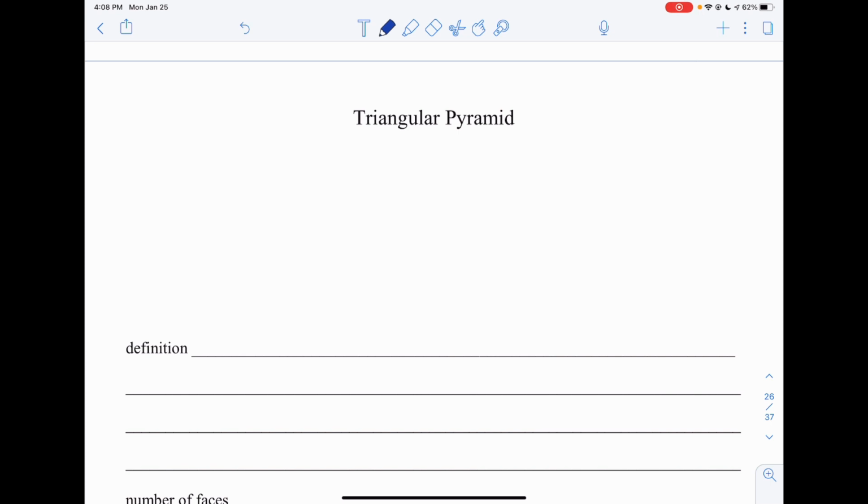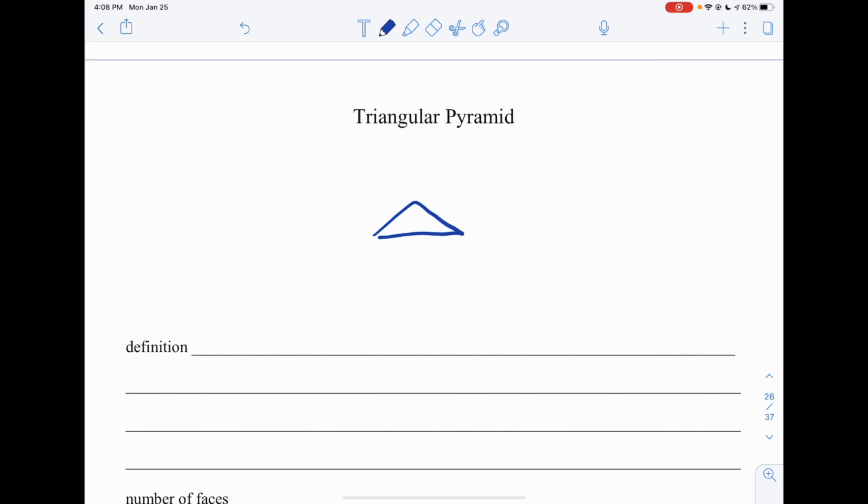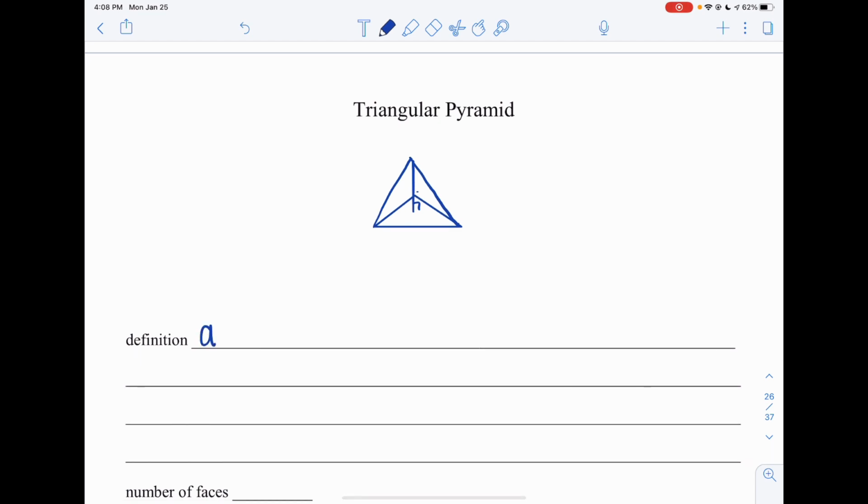So with a triangular pyramid, we've learned a square. We've learned the rectangle is going to be our base, and now we have the word triangular, which means that we are going to have a triangle for my base. Okay, I'm still going to have the height, which is that line straight down in the middle, and then the sides that connect. Okay, now what a triangular pyramid is, it's a solid figure whose base is a triangle.